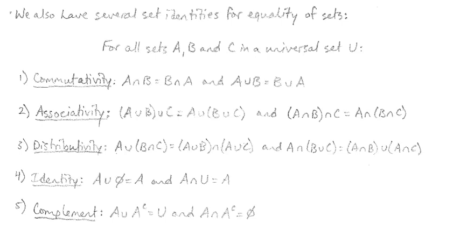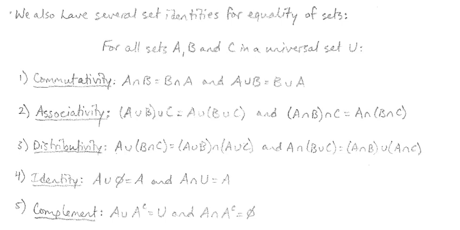So as I said, we have some more properties, or some more identities, for equality of sets. Given a universal set capital U, and sets capital A, capital B, and capital C in that universal set, the first two properties here, commutativity and associativity, hold for sets.